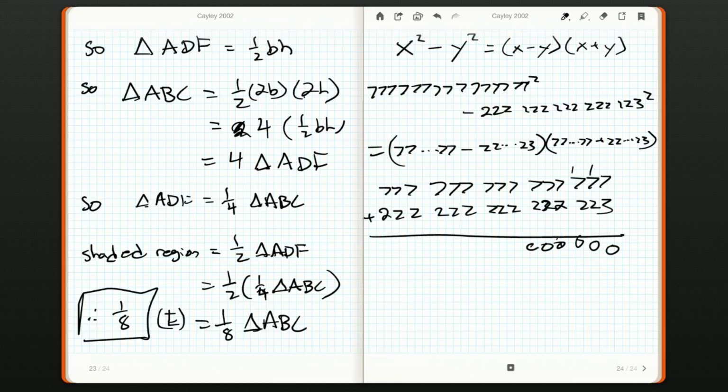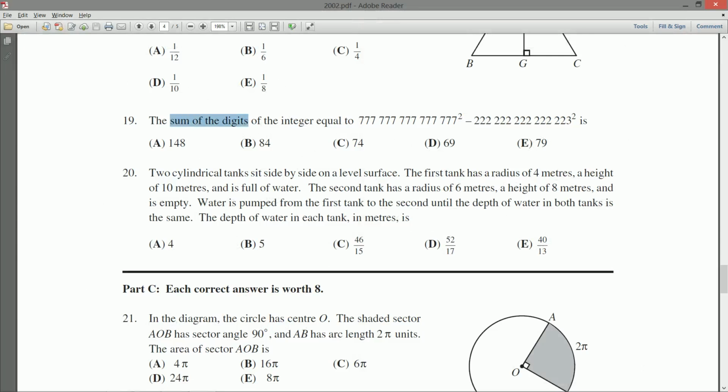It's just going to keep going. And we're going to get a 1 with 15 zeros after it. So that's 10 to the 5. Or sorry, 10 to the 15. So whatever this number is, it's going to end in 15 zeros. And none of those zeros are going to add anything to the sum of the digits.